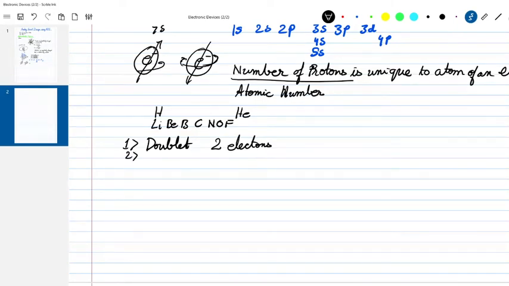Or there is the octet rule. Octet rule means that the outermost orbital should have 8 electrons.